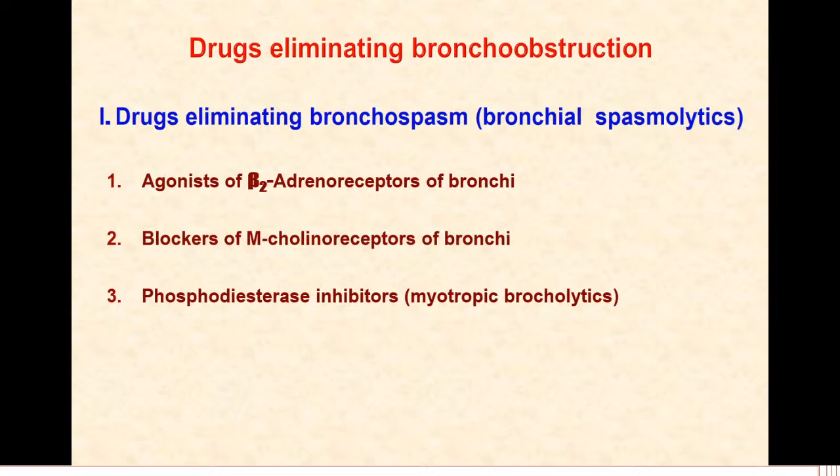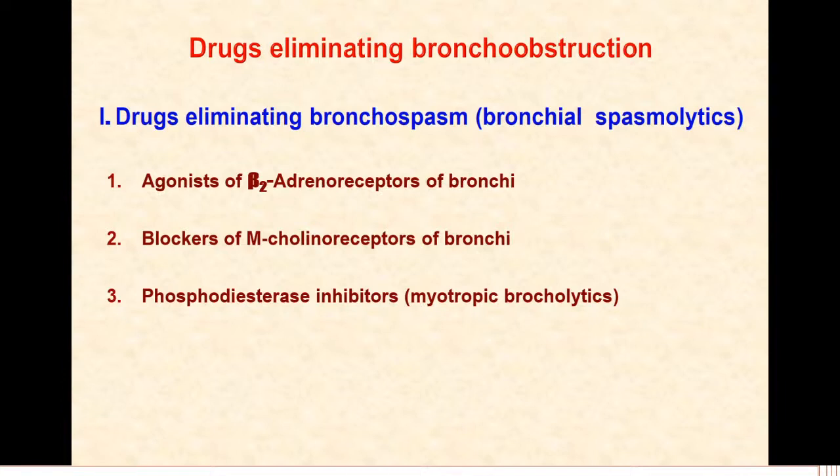cAMP is synthesized because of activation of adenylate cyclase, but afterwards it is cleaved by phosphodiesterase. If we need an increase of cAMP, we need activation of adenylate cyclase or inhibition of the enzyme phosphodiesterase cleaving cAMP.